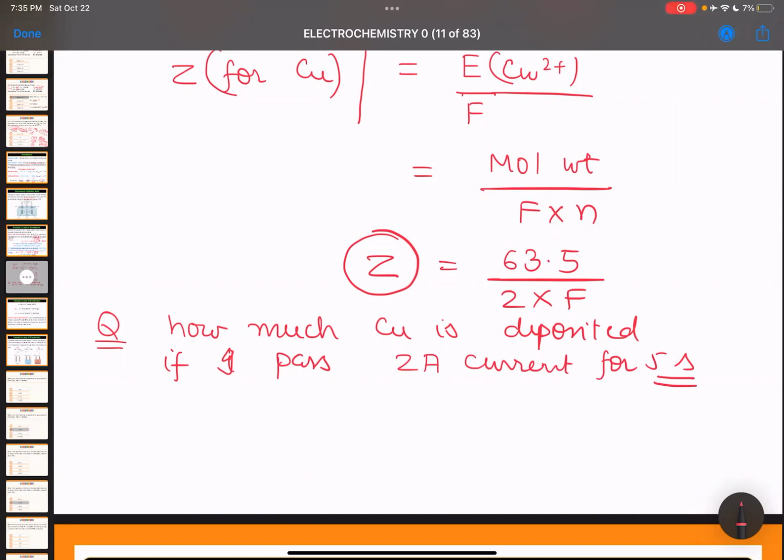Tell me, how much copper is deposited from CuSO4?